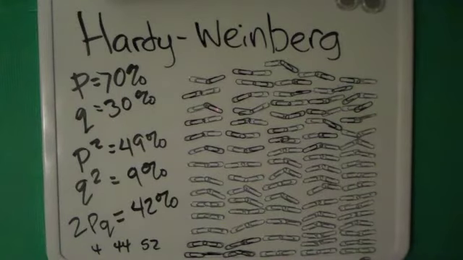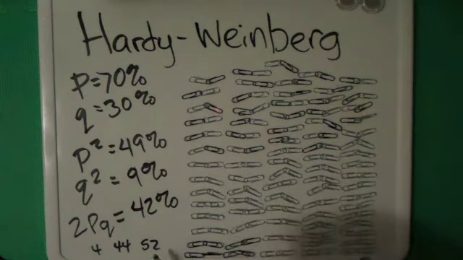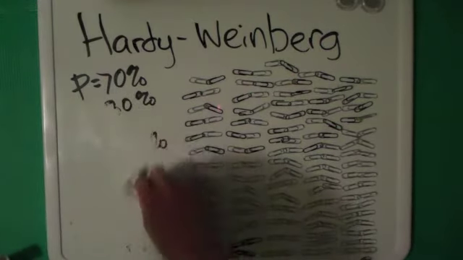Alright, so here is the final results. So, what we ended up having is 4 recessive pairs. So 4%. We had 44 dominant pairs, and then 52 heterozygous. So that's pretty interesting when you look at our numbers, what we were expecting to get.